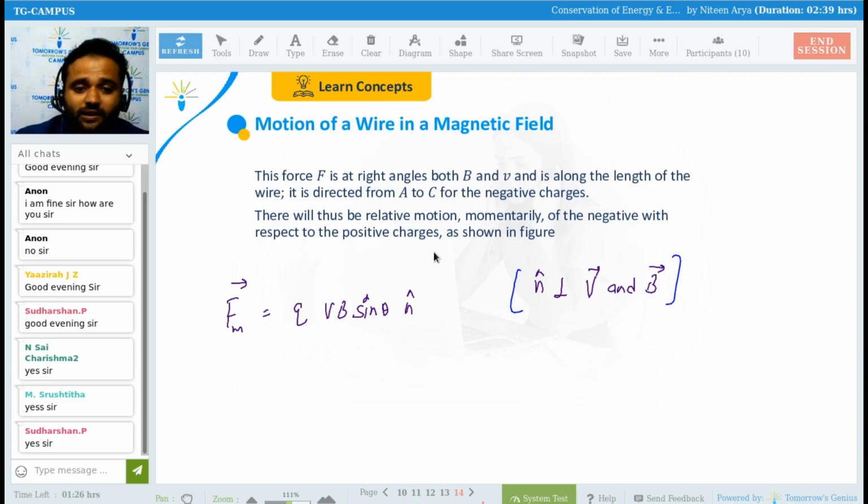There will thus be relative motion, momentarily, of the negative with respect to the positive. Obviously then, due to this force, the negative charge tends to move to one side and the positive charge tends to move to the other side. And then there is an electrostatic force. Clear? So due to this magnetic force, the accumulation of charge is going to be separated.